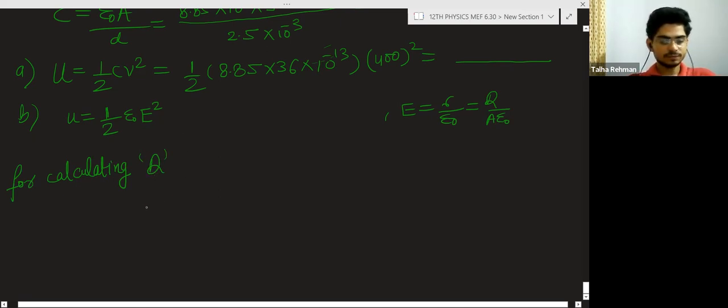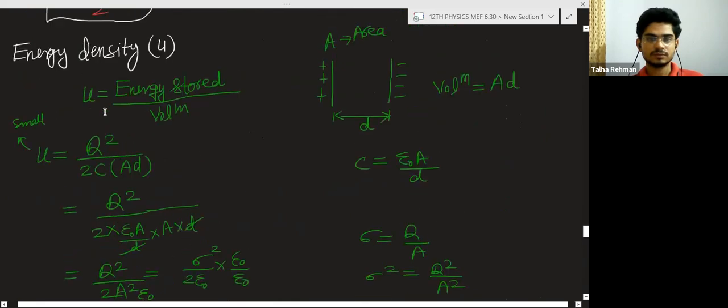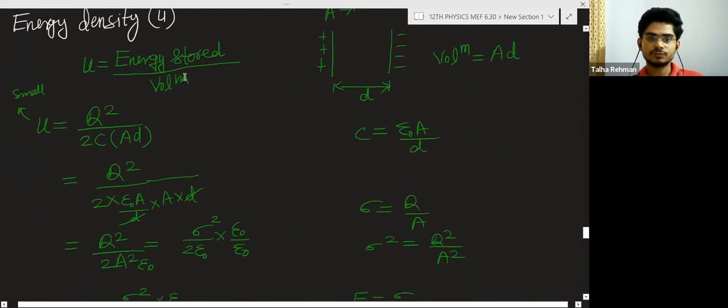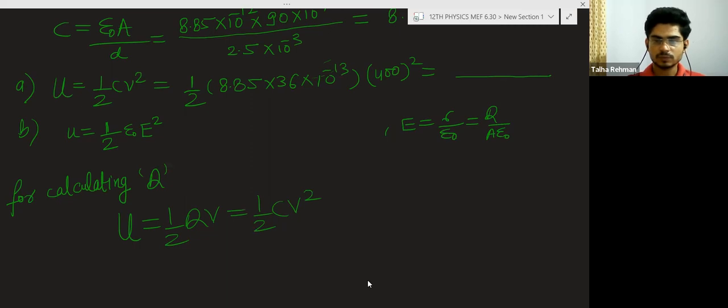We have the formula: capital U can be written as half qV, and this can also be written as half CV square. So half and half cancel, and from here you can simply put the value of Q.